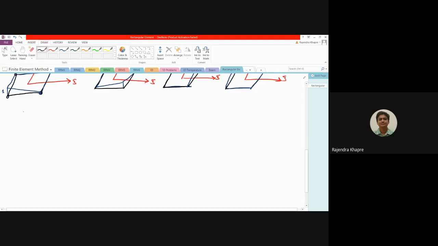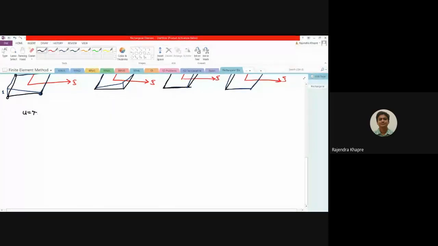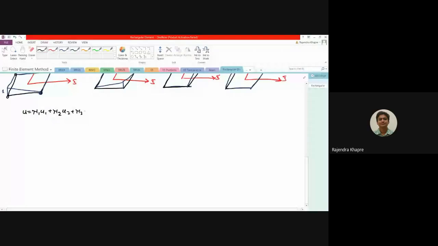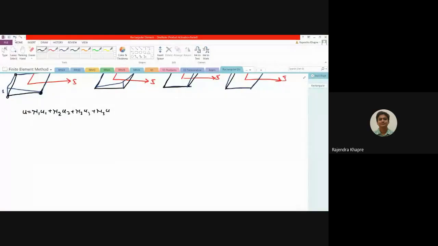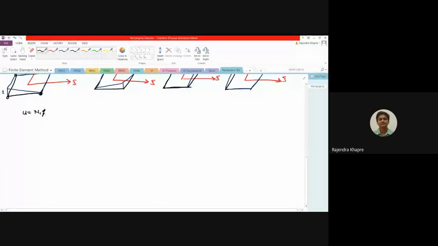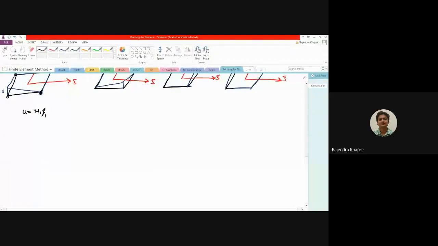So you can get something like u is equal to... sorry, I should not write this one, I should write in a different way because we are writing it in a natural coordinate system. So this will be something like n1 q1, because q1 is the displacement at node 1 in the horizontal direction, right?